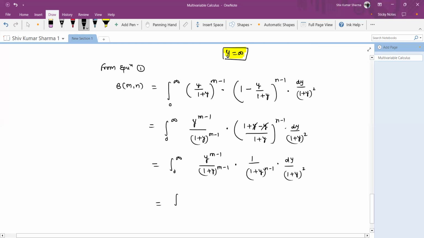So for the numerator we can write integral 0 to infinity y raised to the power m minus 1 upon 1 plus y raised to the power m minus 1 plus n minus 1 plus 2, into dy. So minus 1 and plus 2 will cancel. So this gives us integral 0 to infinity y raised to the power m minus 1 upon 1 plus y raised to the power m plus n, into dy.